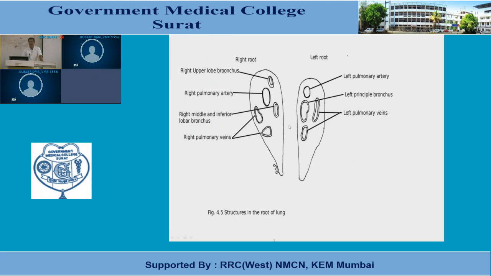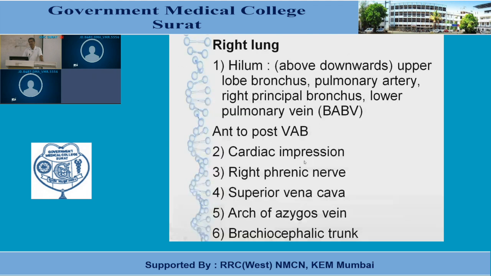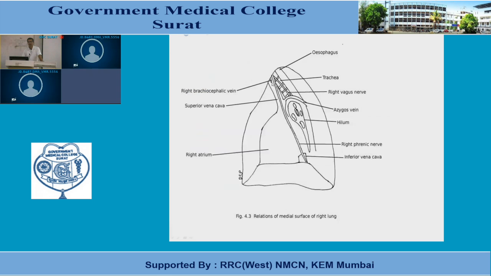Which structures are present? There is the cardiac impression, right phrenic nerve, then superior vena cava, arch of azygous vein, brachiocephalic vein, also azygous vein. This one is the right phrenic nerve. This is the cardiac impression. In relation with this cardiac impression, the right atrium and right ventricle come in relation.